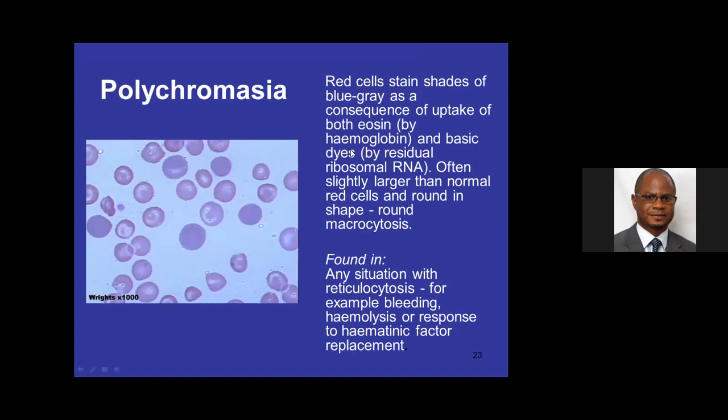Then we have polychromasia. Red cells stain shades of blue-gray as a consequence of uptake of both eosin by hemoglobin and basic dyes by residual ribosomal RNA. They are often slightly larger than normal red cells and round in shape, round macrocytosis, meaning that the red cell didn't lose all the RNA material. So it's bordering on a mature cell and has reticulocyte tendencies.